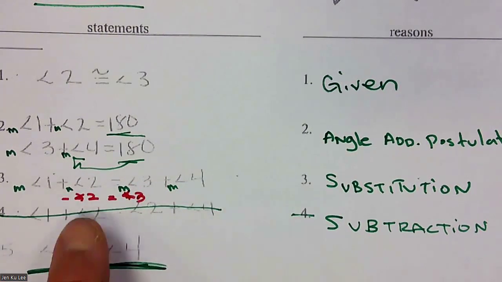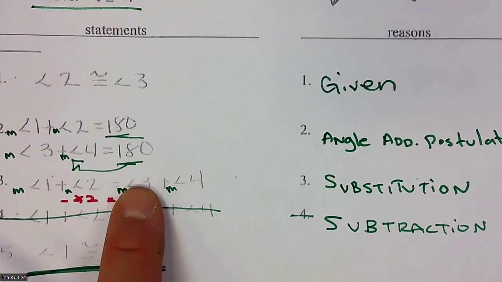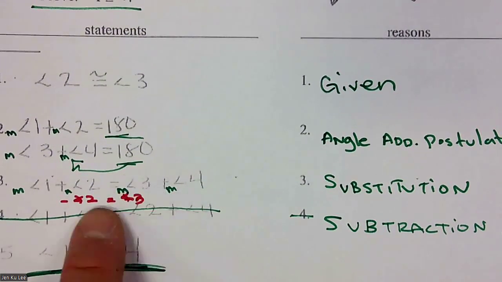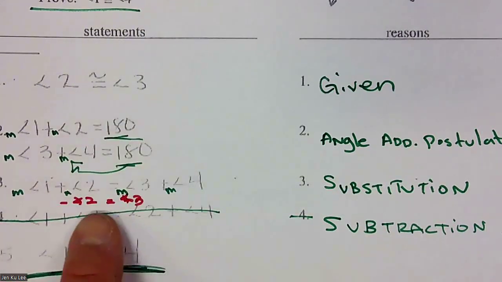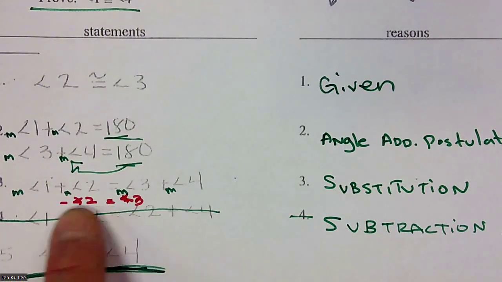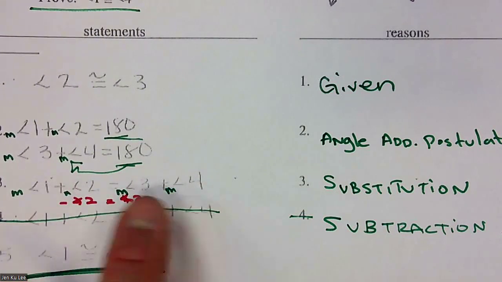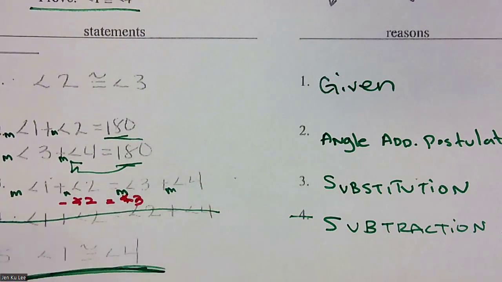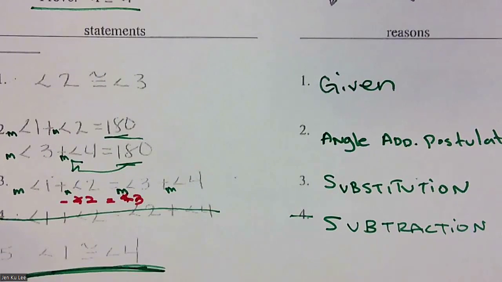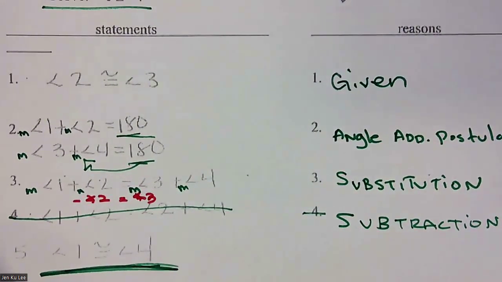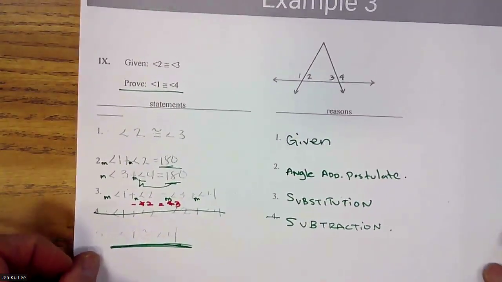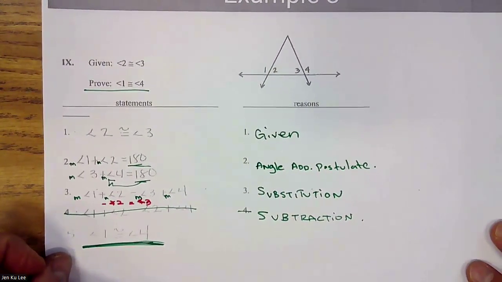So if you subtract angle 2 from this side, if you subtract angle 3 from this side, we know that they're equal because of our given statement. We can say angle 1 is equal to measure of angle 4. Okay? So that is the proof here.